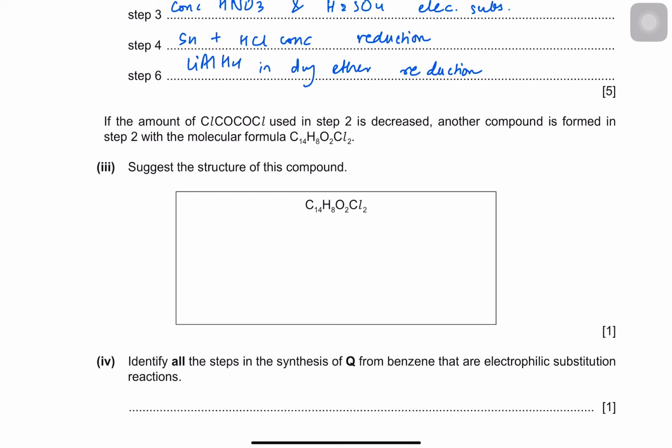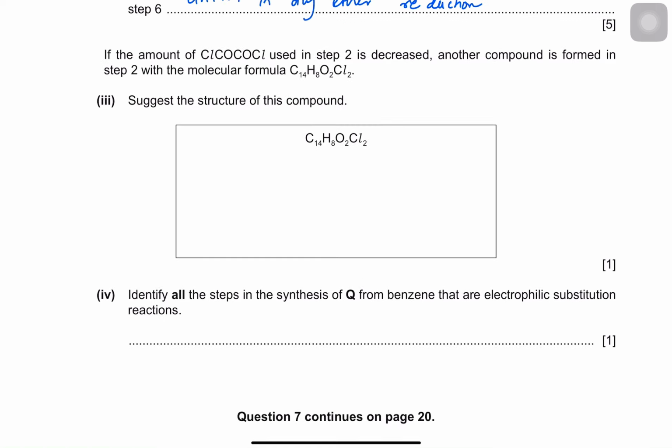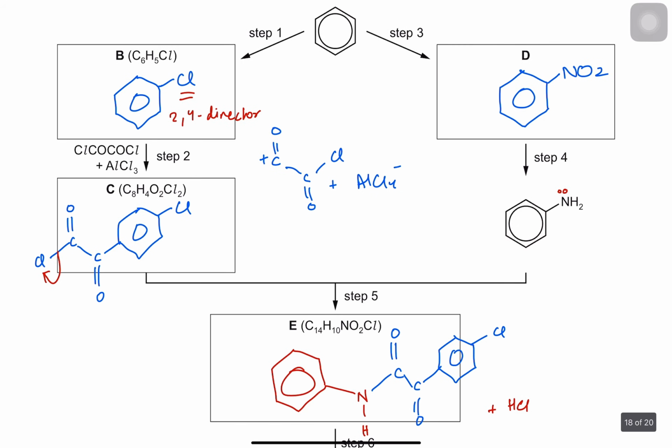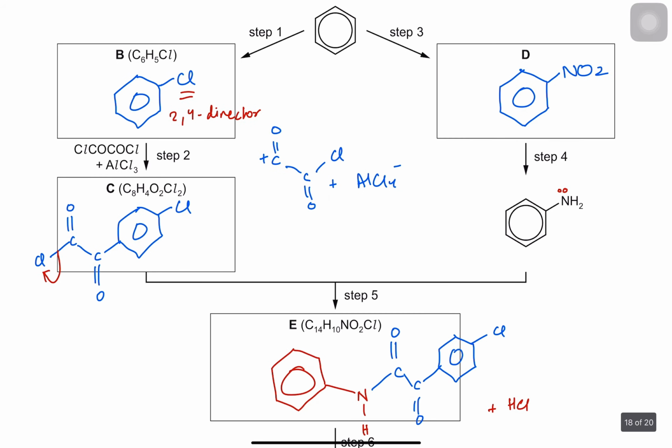If the amount of CuCl used in step 2 is decreased, another compound is formed in step 2 with the molecular formula C14H8O2Cl2. Suggest the structure. So they decreased it in step 2. If I lower the amount of this in step 2, what is possible?